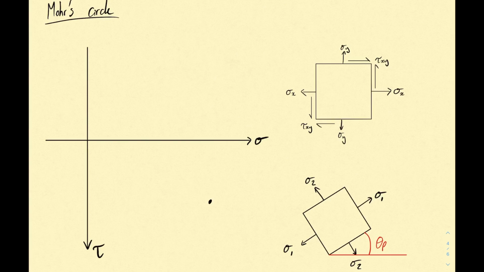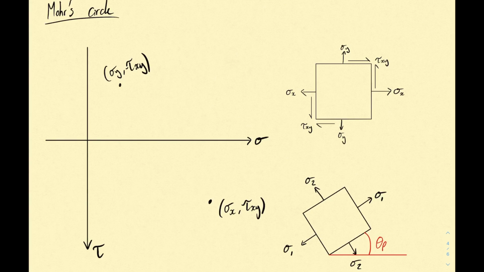Similarly, let me just label this very quickly. So you have sigma x, tau xy. Similarly, you can draw sigma y and negative tau xy. So negative will now appear on the top side of our diagram. So you have sigma y and tau xy negative, sorry, I should say.